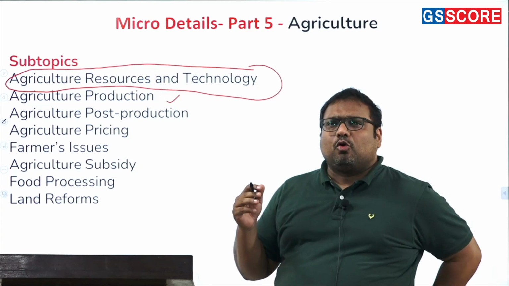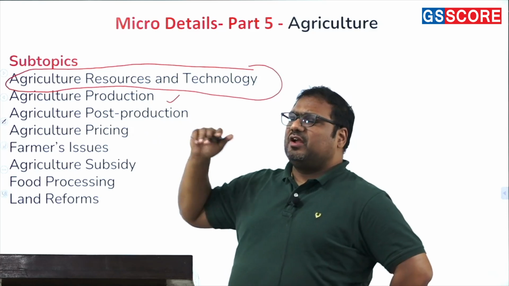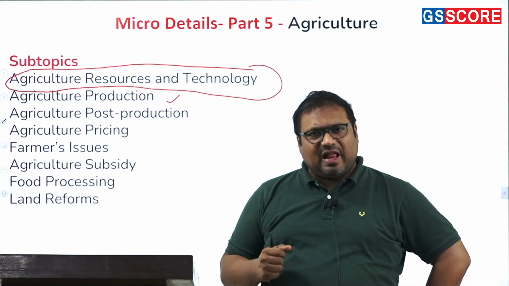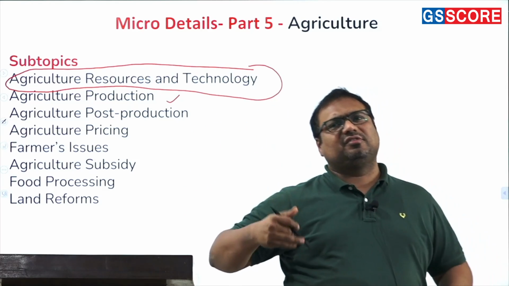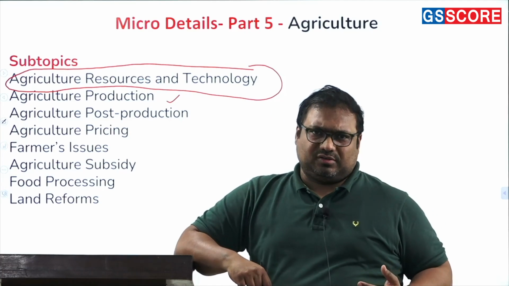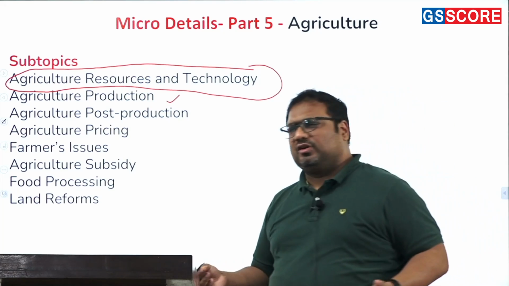Do we have good quality seeds? Do we have too much fragmentation of land? All those are production related issues. Production in itself is a very big theme, and all production related issues come under this. For example, your topic of green revolution is also under production.